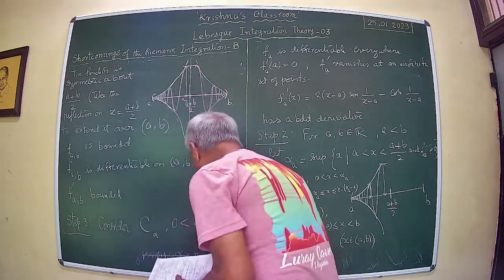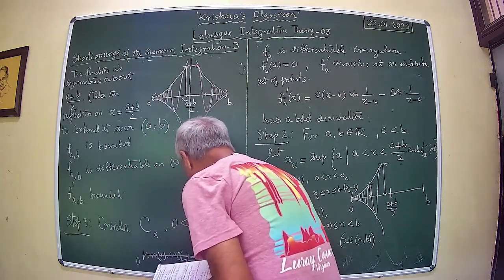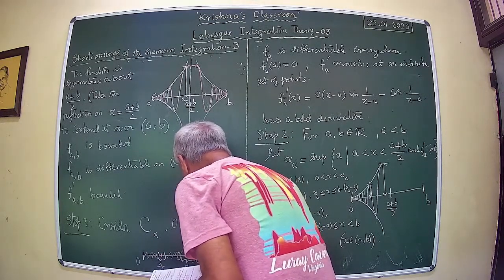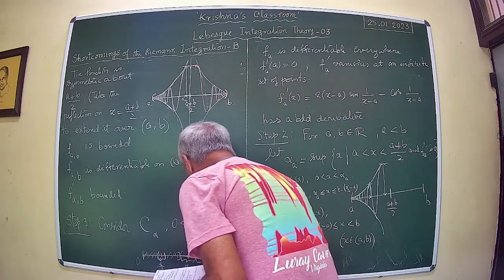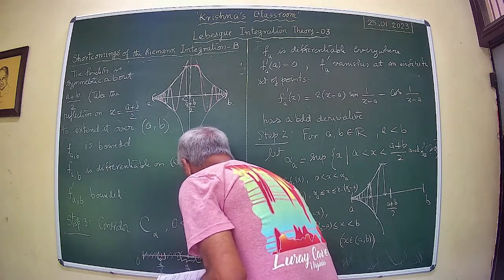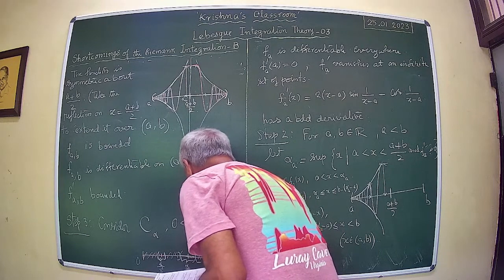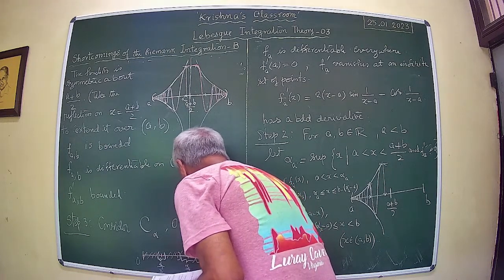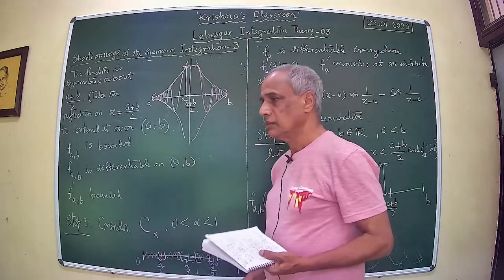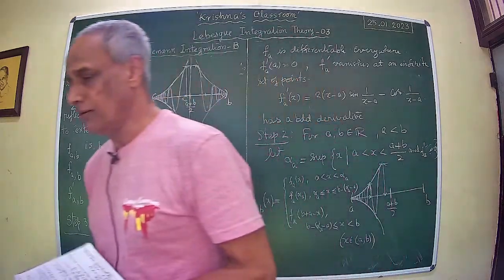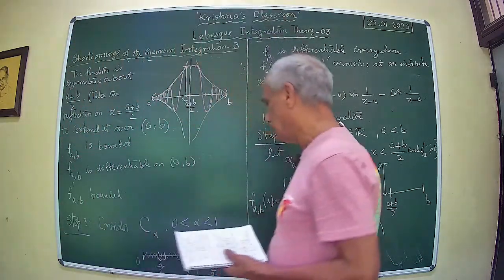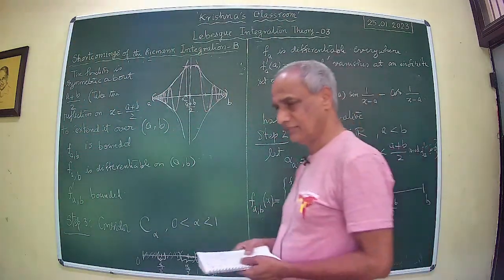And again here also we removed something of length alpha by 3 squared, and step by step we removed the middle alpha by 3 to the power n and so on. Okay, so that's how we constructed this.